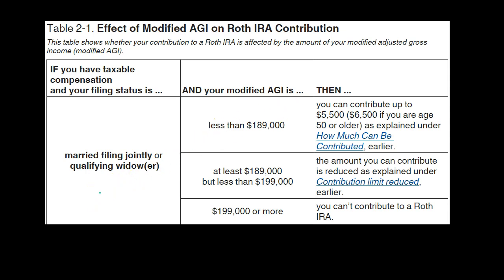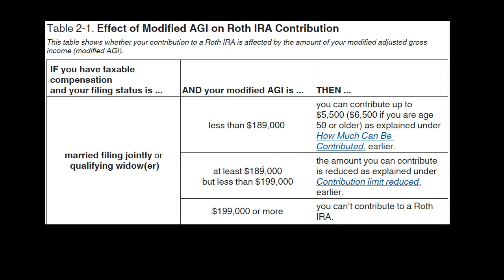Next item, if you have taxable compensation and your filing status is married filing jointly and your modified AGI, adjusted gross income, is at least 189, the lower limit, but less than 199, well, now we're in an area of confusion here, because then the amount you can contribute is reduced as explained under contribution limit reduced.